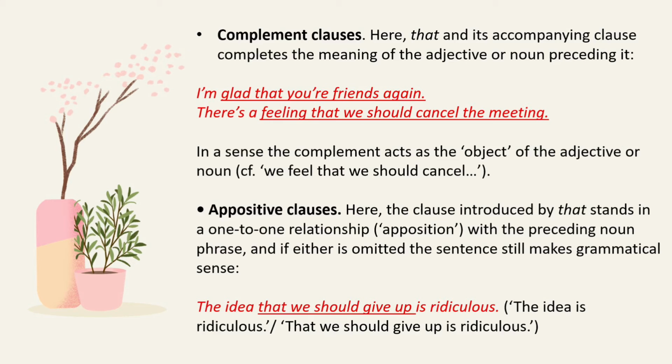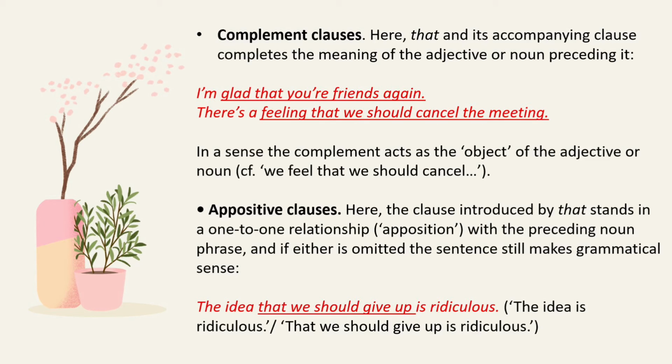Next is complement clauses. Here, that and its accompanying clause completes the meaning of the adjective or noun preceding it. For example, I'm glad that you are friends again. Another example is there's a feeling that we should cancel the meeting. In a sense, the complement acts as the object of the adjective or noun. And the next is appositive clauses.